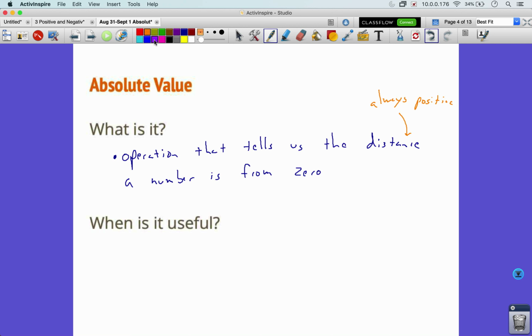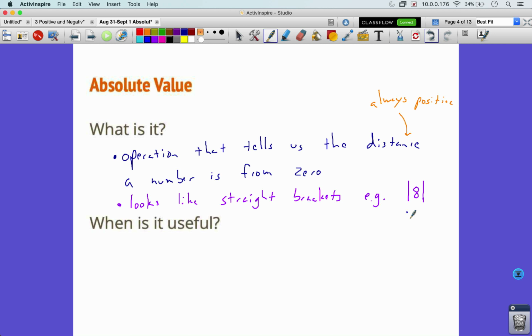Alright, and what does an absolute value look like? It looks like straight brackets. For example, the absolute value of 8.